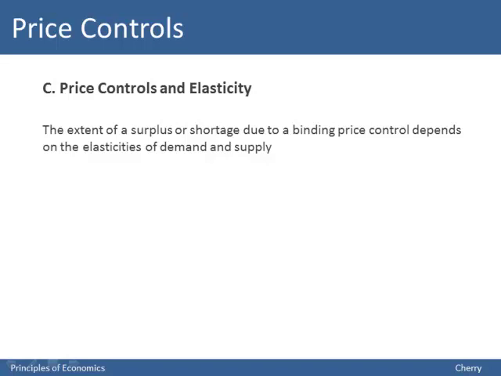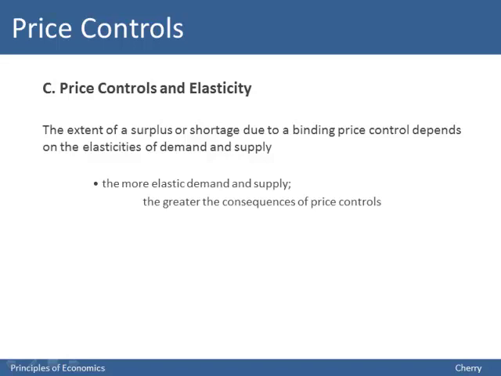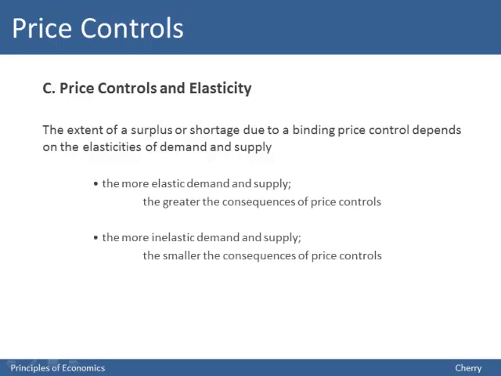Of course, it also depends on how far below the market price or above the market price the binding control forces the price to go. The more elastic the demand and supply are, the greater the consequences of a given price control. The more inelastic demand or supply are, the smaller the consequences of a given price control.